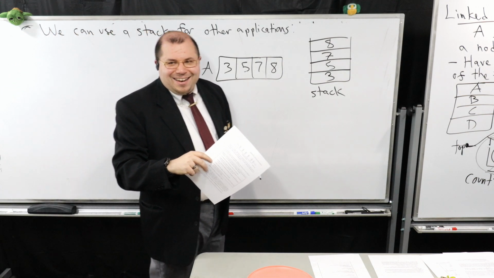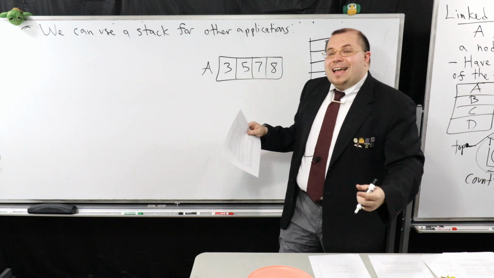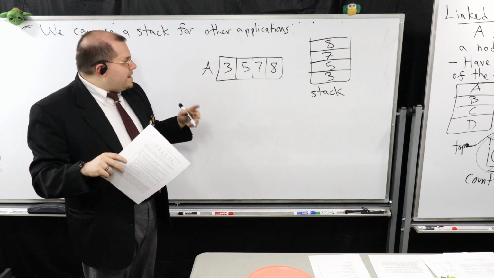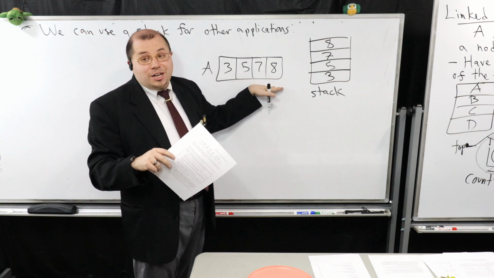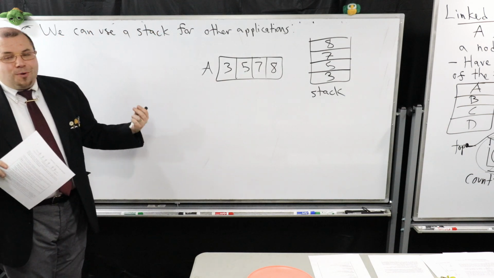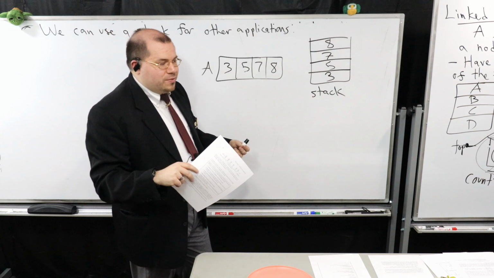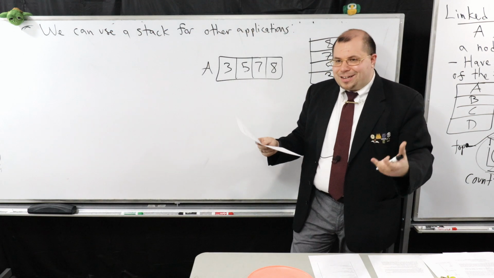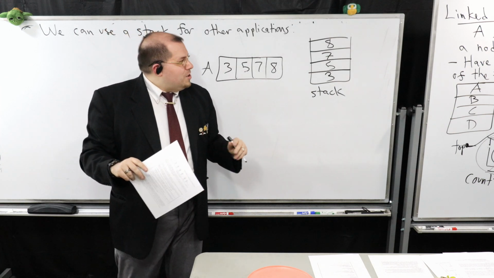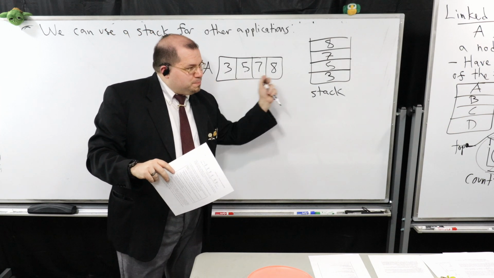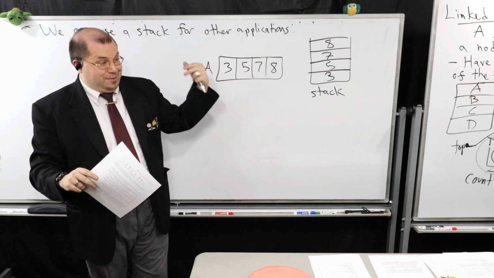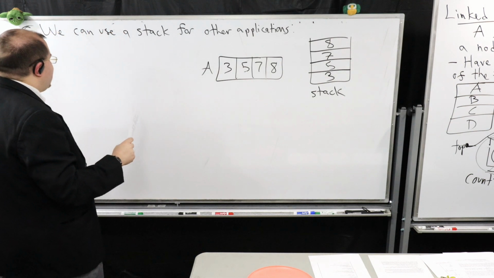I see it in the chat. Yes, exactly. So instead of having it back in 3, 5, 7, 8, you actually get it all reversed. So that's an important property I want you to be aware of about a stack. If you find yourself ever meddling around with collections or containers, and you ever want to reverse data in it, you can use a stack to achieve this: you just dump them all by pushing them onto the stack, and you can always pop them out.